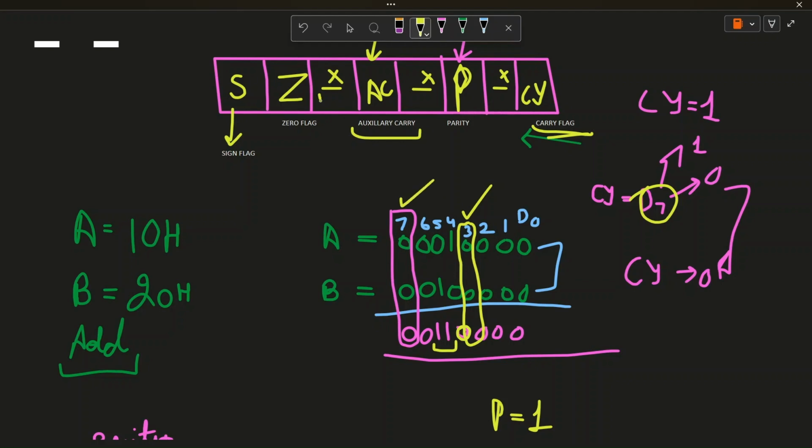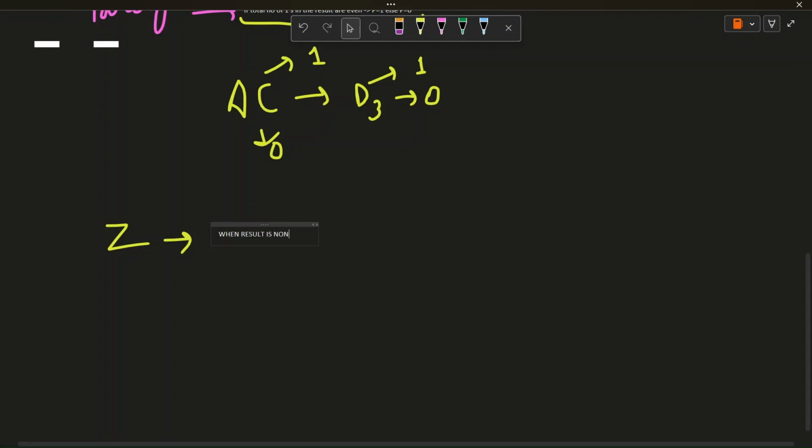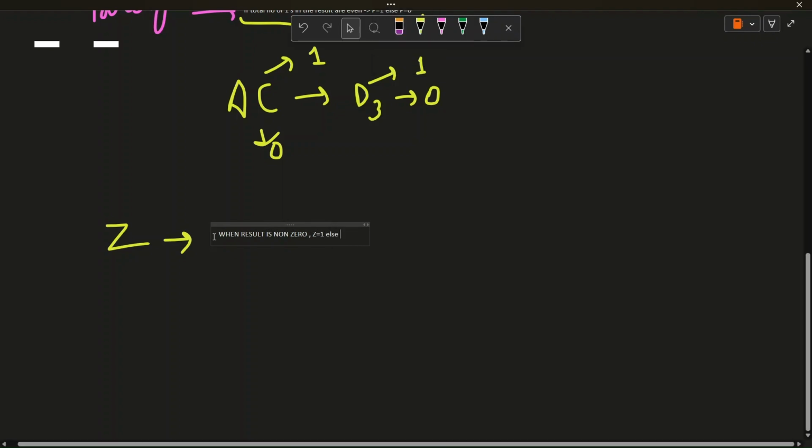Then again an empty block, then moving further, it is your zero flag. Now what does this zero flag or Z denote? When the result is non-zero, we put Z as 1, else Z as 0.